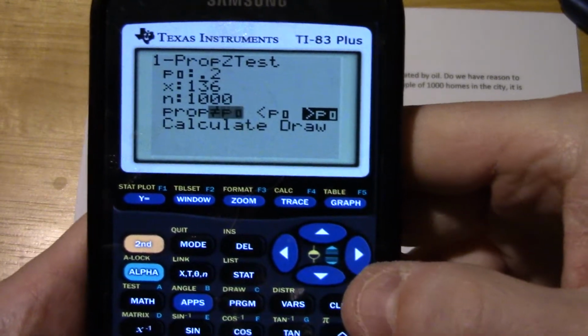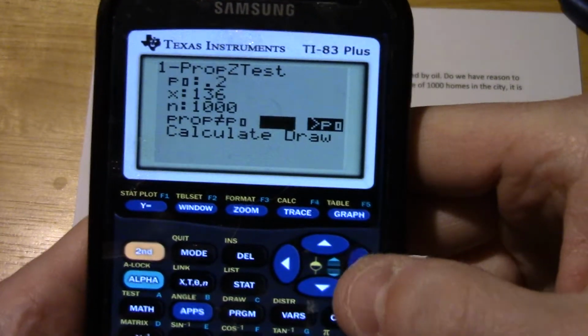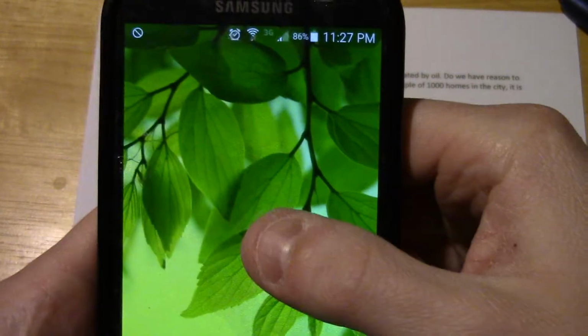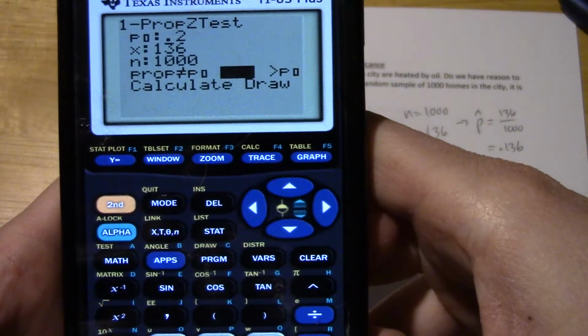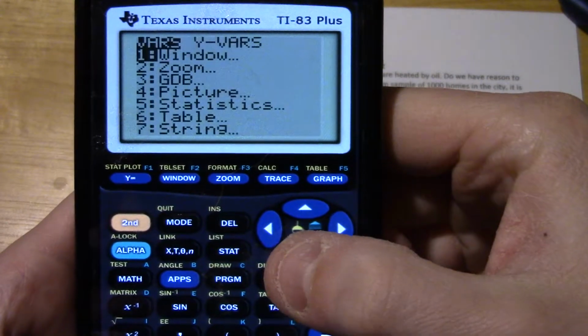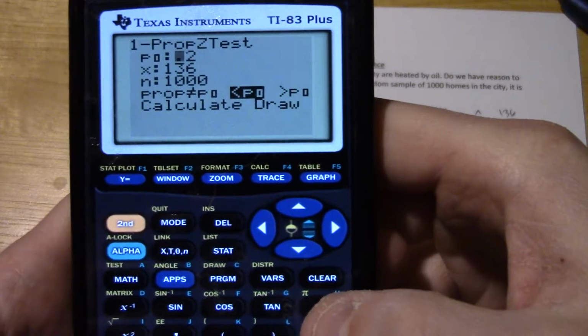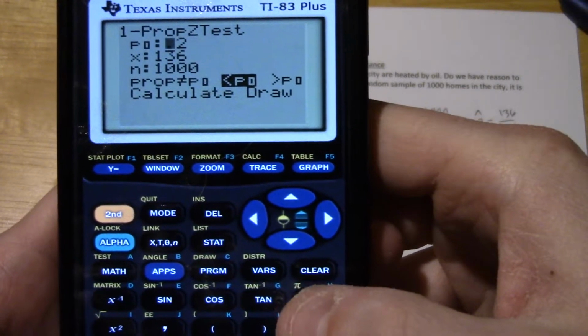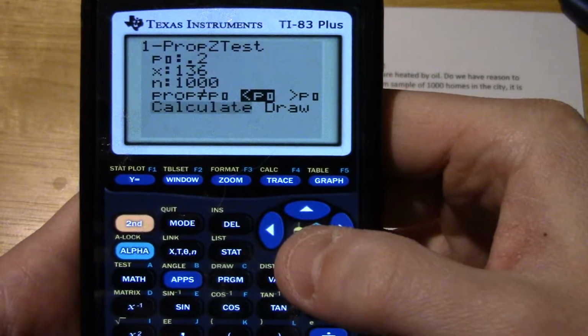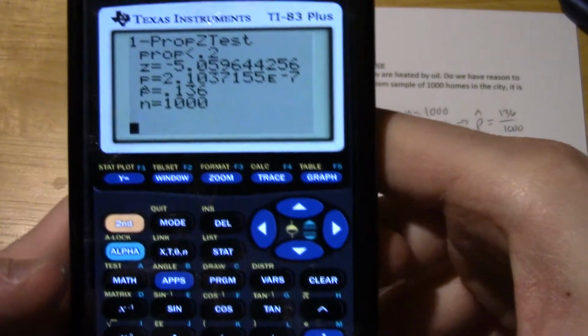And we're trying to show that less than 1/5 are heated by oil. So we select less than 1/5, it's hard to use the calculator and the camera, and then we can calculate.